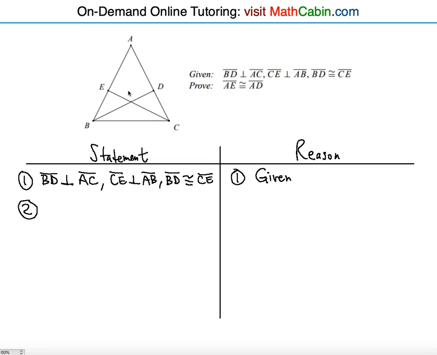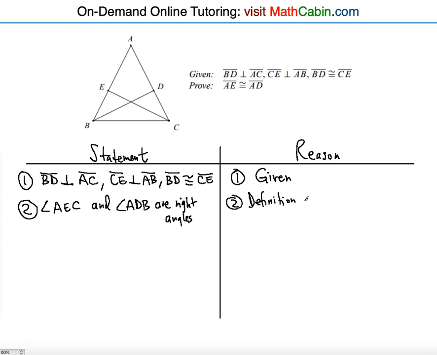Okay? So first, based on the perpendicular relationships presented as given parts of the first statement, we can deduce that angle AEC and angle ADB are right angles. The reason for that is the definition of a right angle.